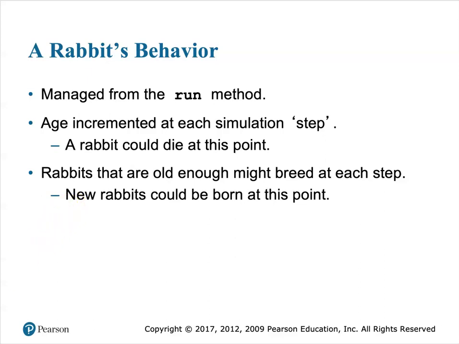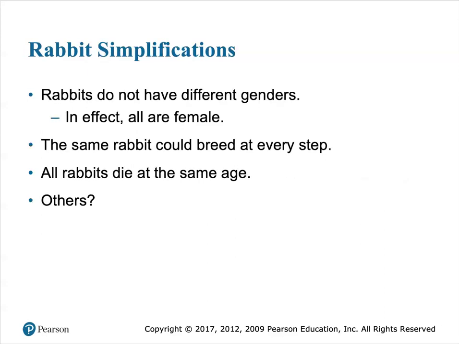Now, there are obviously some simplifications here. In effect, all rabbits can produce offspring in this model, so all rabbits are female. Also, the rabbit could breed on every step of the simulation, so there's no gestation period. There's no downtime.